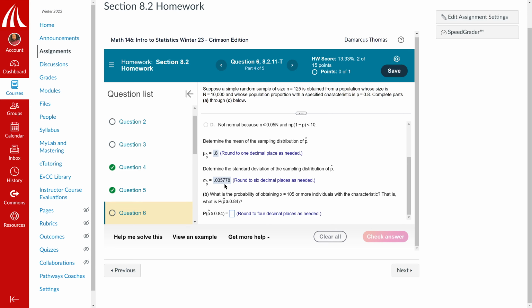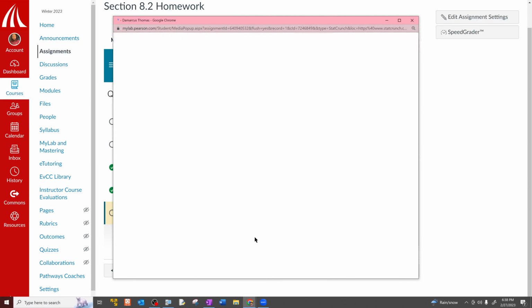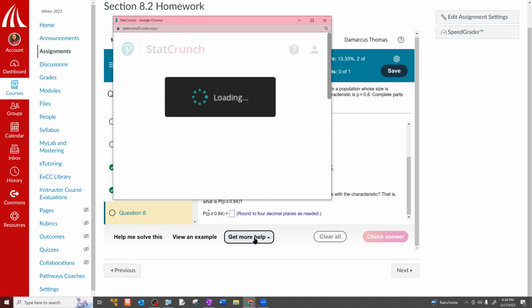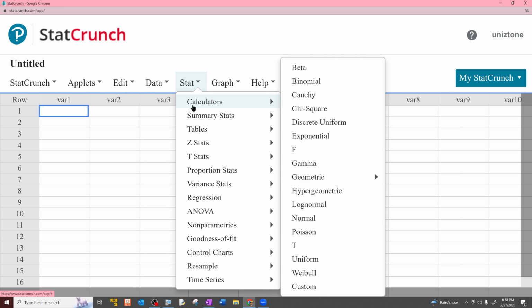We got 0.03577. That's going to be the sigma. So all we got to do is figure out what the probability of this is going to be. But we know 0.8 is in the middle. So let's use StatCrunch. For this, we go into the calculator and we go into normal.